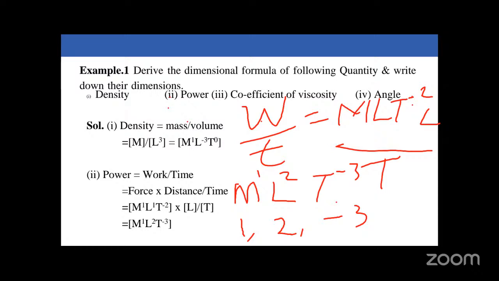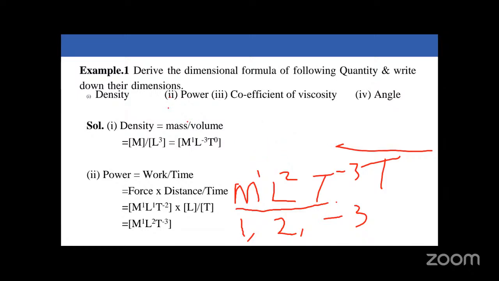And the dimensional formula is M L raised to 2 T raised to minus 3. So that is the dimensional formula for power and the dimensions for power. So let's look at the next example.